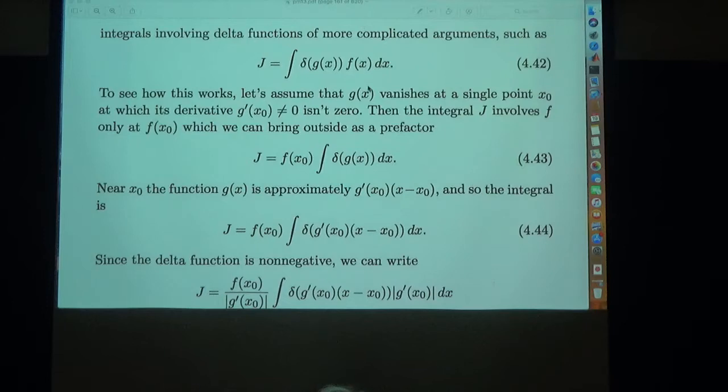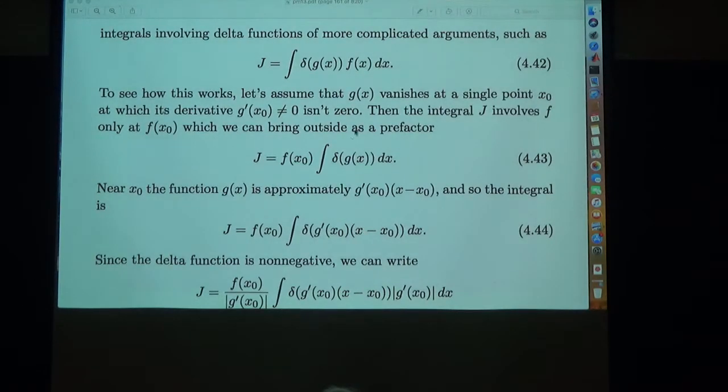So first, let's assume the simple case, namely that the function g vanishes only at a single point x0, and at that point, the derivative of the function is not 0. So we've got a unique point on the real axis where the delta function hits a 0, and of course that's where the spike is, because delta of 0 is infinite, delta of x not equal to 0 is 0.